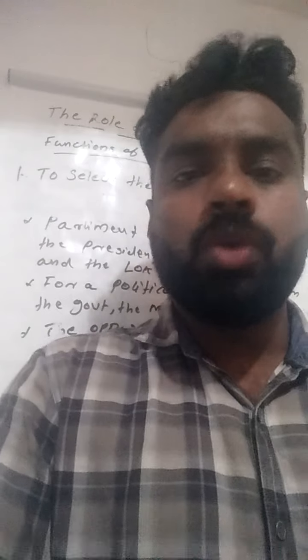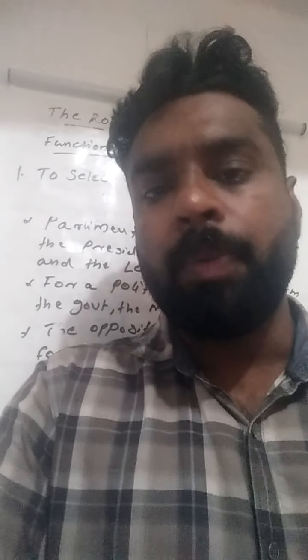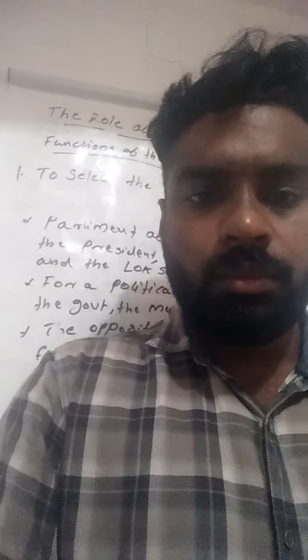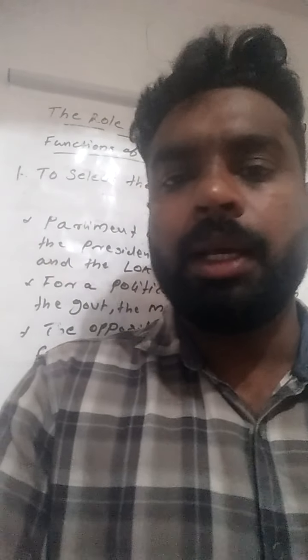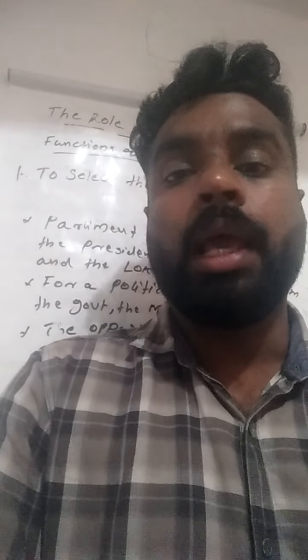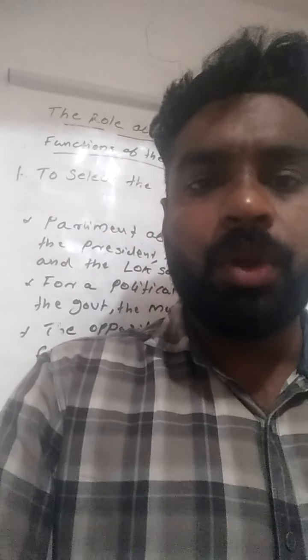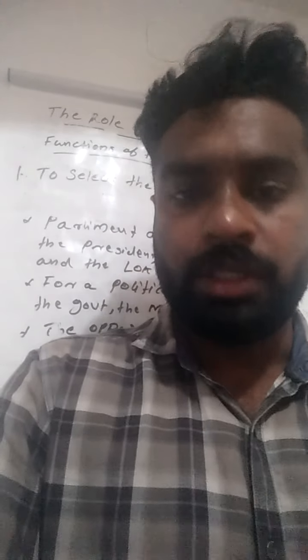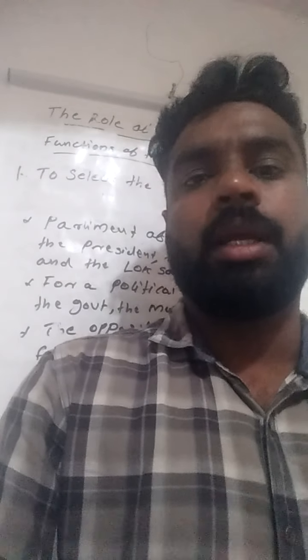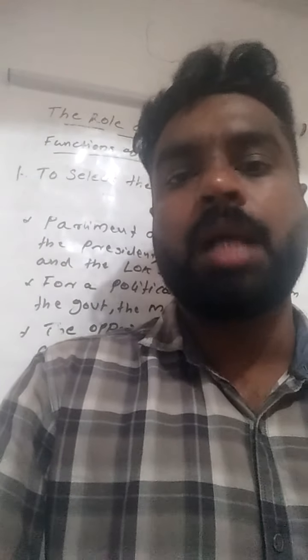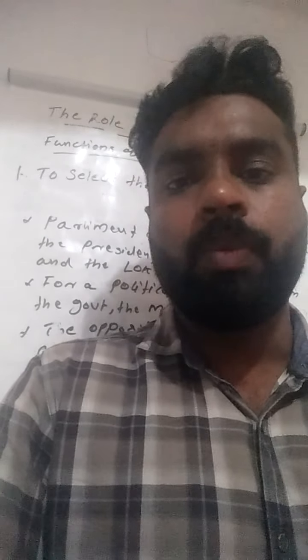Okay, so today I am going to discuss the functions of the parliament. In the 7th standard we studied how the state legislative assembly election happens. The same procedure and process is used for selecting a national government and for selecting the parliament members. The same election process happens. In the state legislative assembly, what is happening?